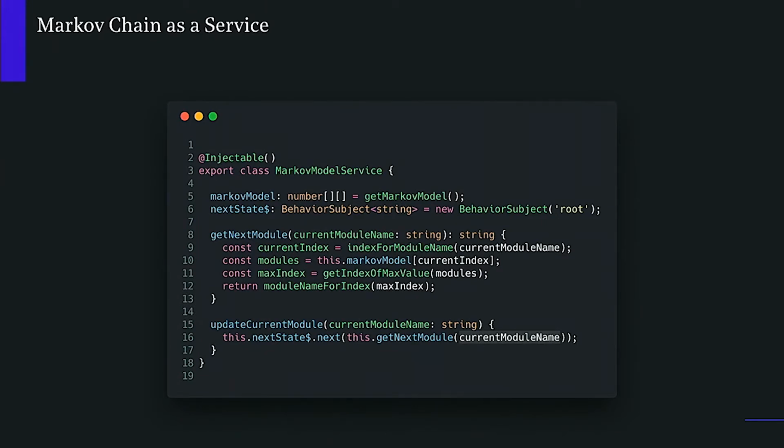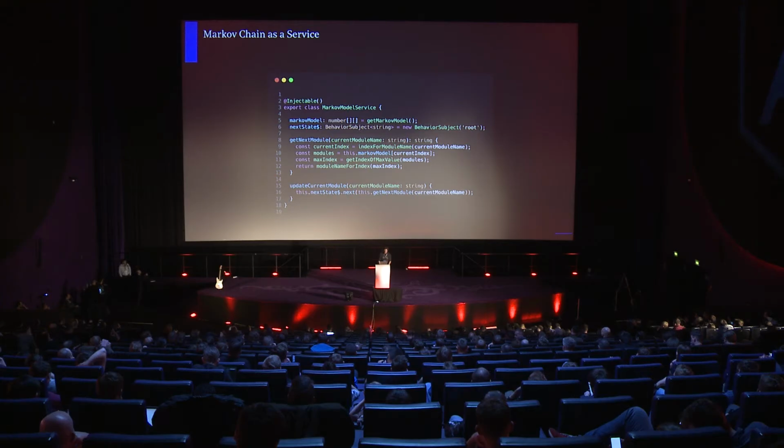It finds out what row you're in, and it tells you which column has the highest probability, and that's it. You may want to have an updateCurrentModule method to tell it what module is currently loaded, but this works, and I have a working example of this on GitHub. You can check it out later.